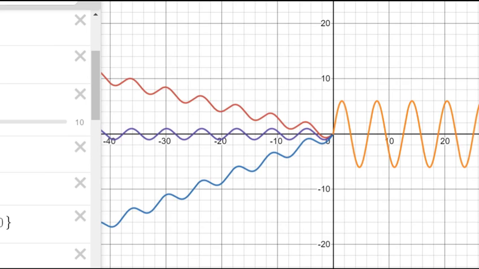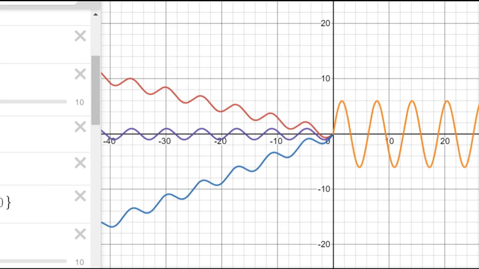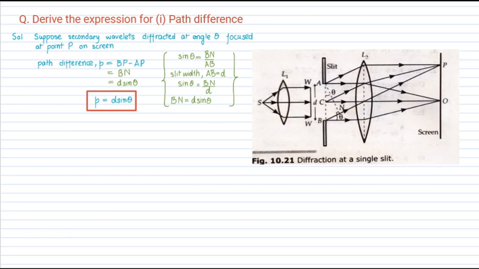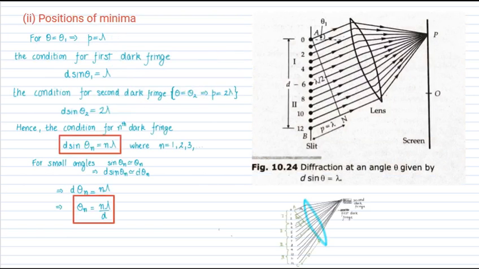Now, after your central maxima, come to your first dark fringe. For your first dark fringe, what we did, we considered the slit, we divided it into two halves.